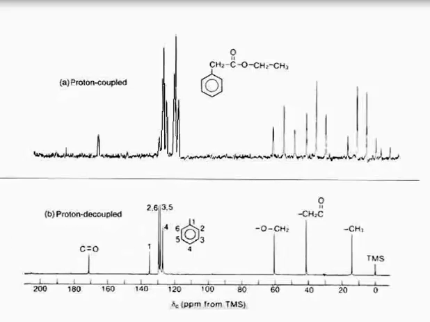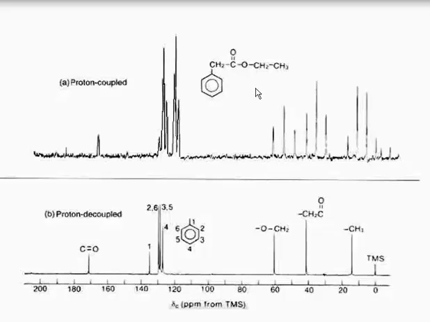The spectrum here at the top is a C13 spectrum without proton decoupling. So what you're seeing here is a signal due to each carbon, but each carbon is split into a multiplet by the hydrogens directly bonded to it.